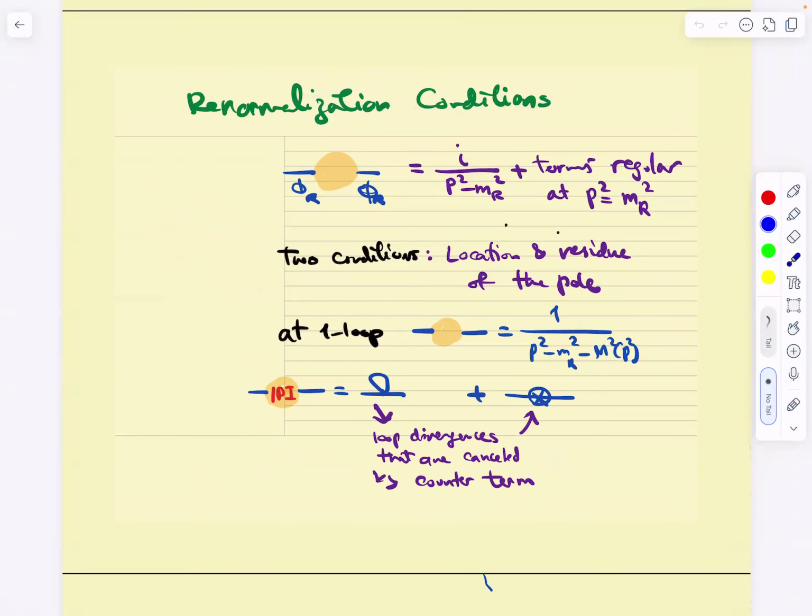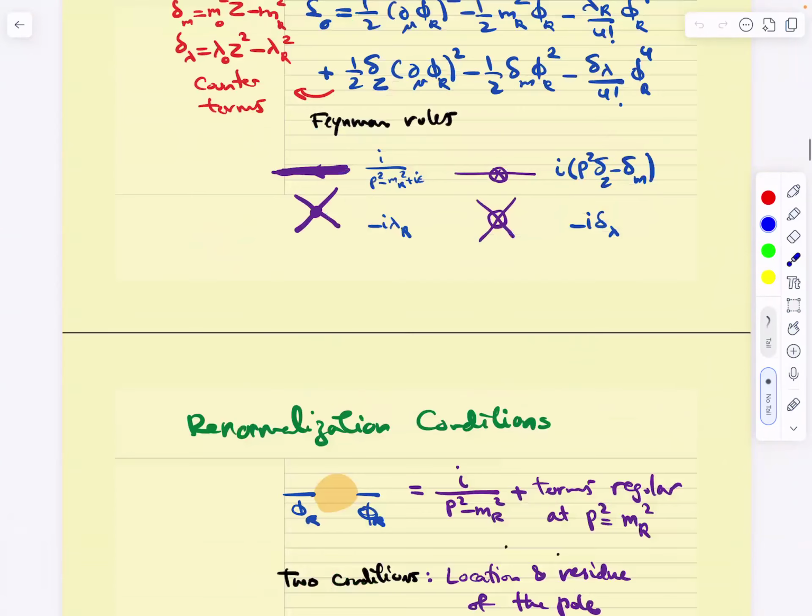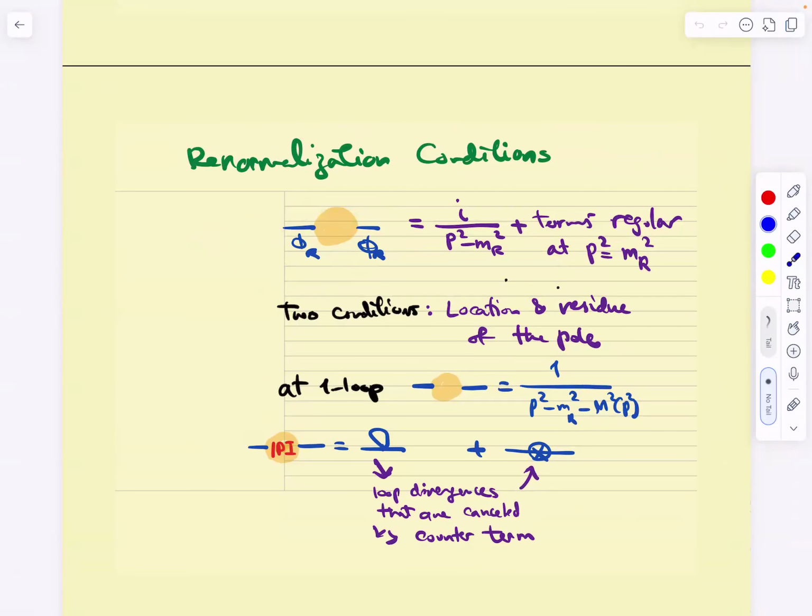The renormalization condition is this. You want to renormalize your theory at a certain scale, which means that you're going to do calculations with this action, and you're going to find a propagator at 1 loop, 2 loops, whatever it is. You're going to calculate it and write it in terms of phi r. The result will be an expression which has these counter terms in it.